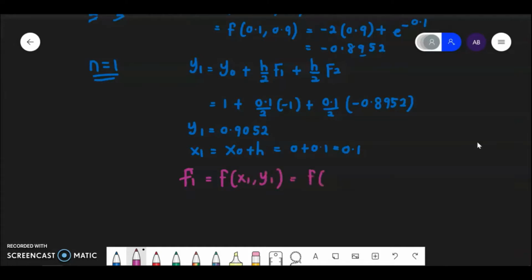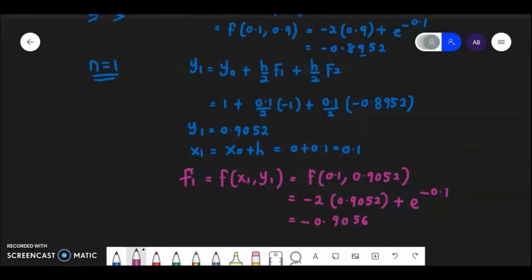So x1 is 0.1, y1 is 0.9052. We have negative 2y plus exponent negative 0.1. That will give you negative 0.9056. Now with that value, I can find Adams-Bashforth when n equals 2.